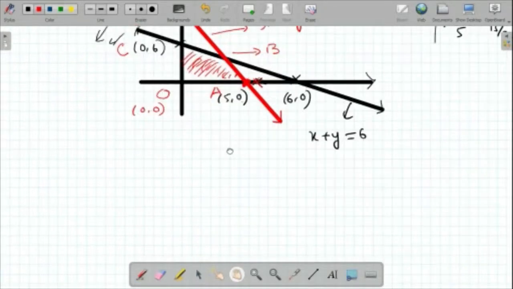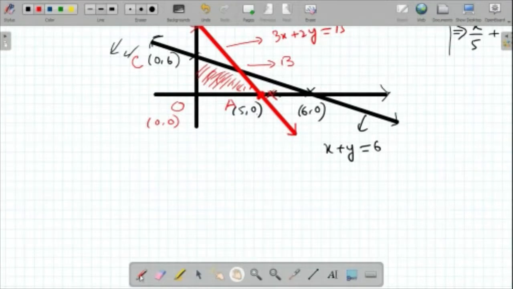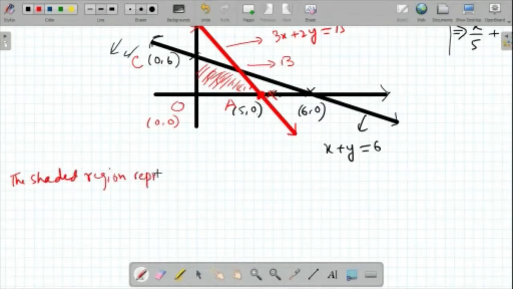Okay, now write down here: the shaded region represents our feasible region, right? And we need to find the corner points 1, 2, 3 and 4.